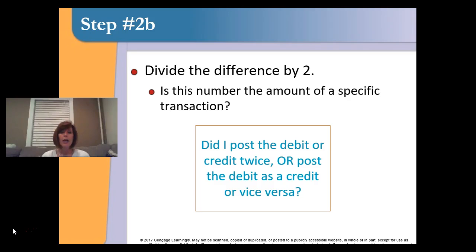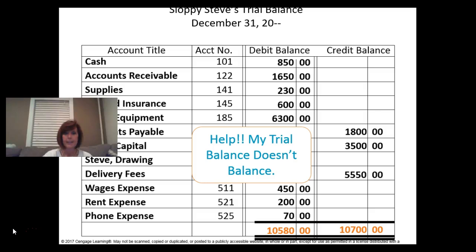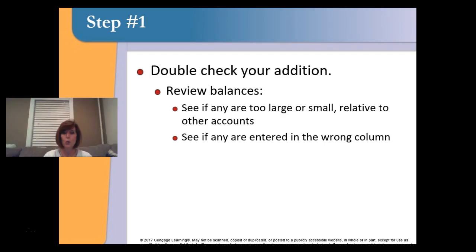Then what you want to do is take the difference. So the difference here between your two accounts, you're going to want to figure out what that difference is. And so that looks like a $120 difference. And you're going to want to divide that by 2.